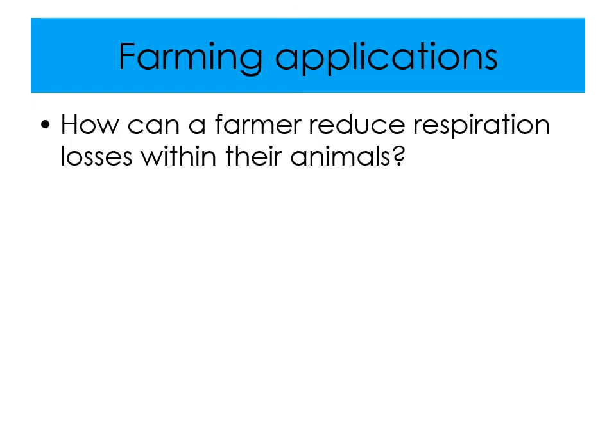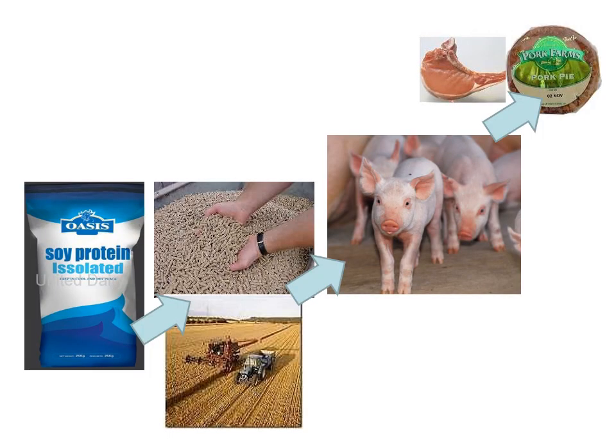Okay, so let me show you some pictures to stimulate a little bit of thought. There are things that we do in farming practices now to ensure that we get the best energy transfer we can to our animal to result in the best yield for the farmer, so the greatest meat production. One example is shown here in terms of what we feed animals in meat production.